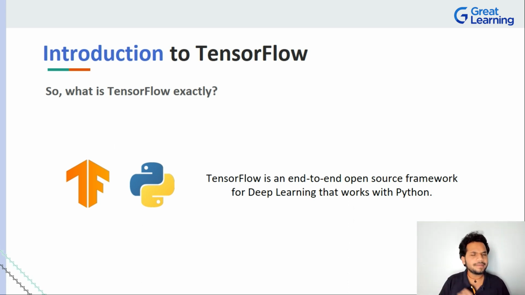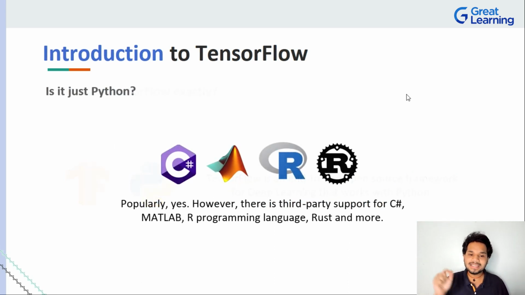Now, you might be asking, hey, can TensorFlow be used with other programming languages, or is there a compulsion which says, if you have to use TensorFlow, you have to use Python? Is that the case? Well, to answer that, it is not just Python that is used for TensorFlow.